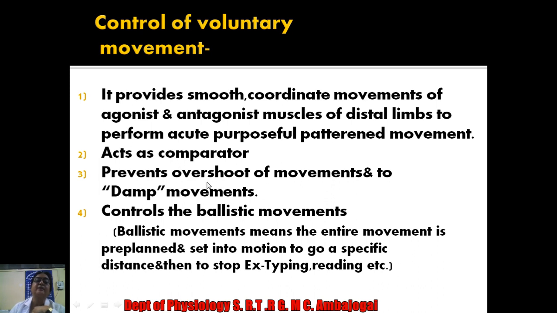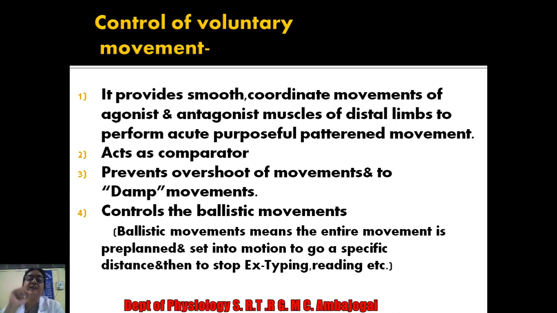Now all the movements go on in a pendular fashion, so even in flexion and extension, what will happen? It will start for a particular period, then immediately stop, and the opposite action occurs. This is controlled by the cerebellum. If it does not stop at the particular period, oscillation of the movement occurs.